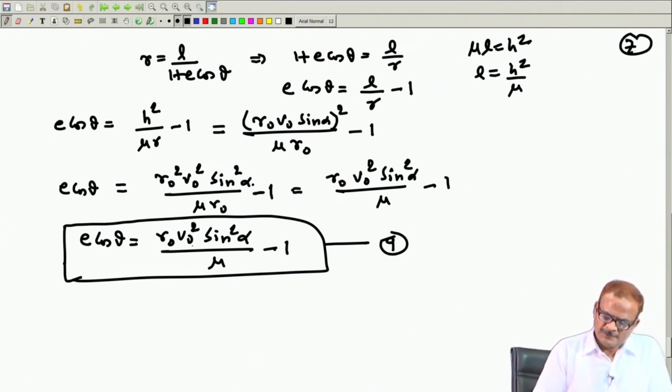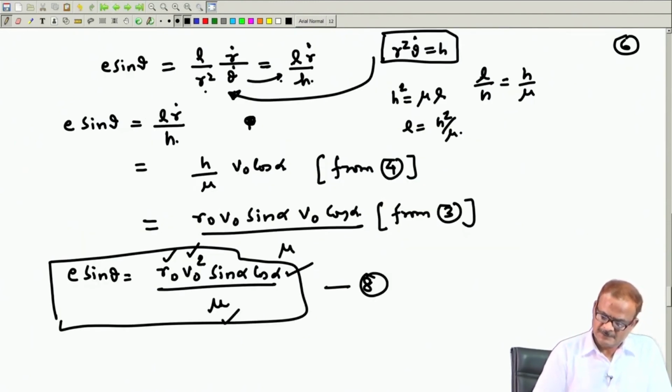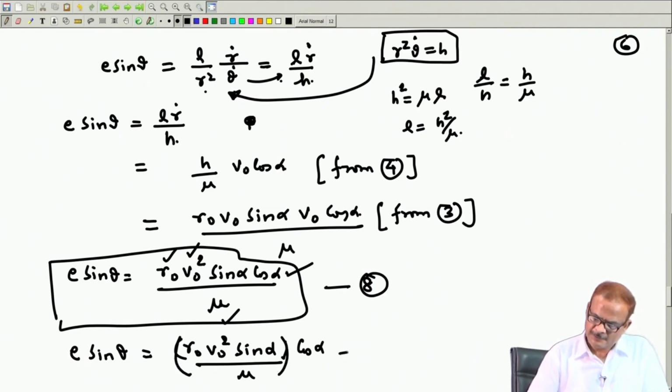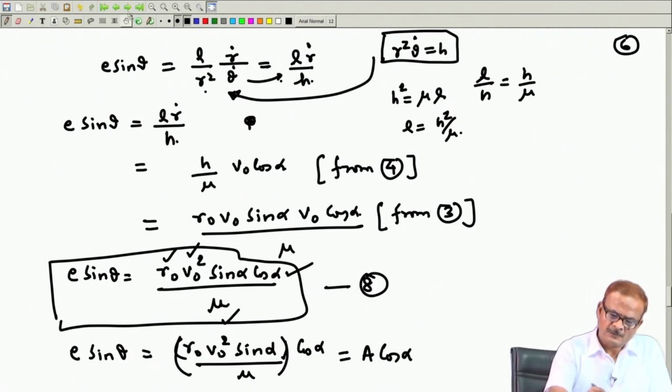And in both places you will see that r 0 v 0 square sin alpha is there. So, suppose I write this as E sin theta equal to r 0 v 0 square sin alpha times cos alpha divided by mu, and the quantity in the bracket I write as A. So, this becomes A cos alpha. Okay.